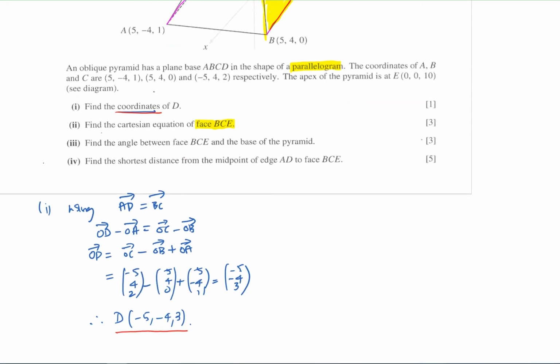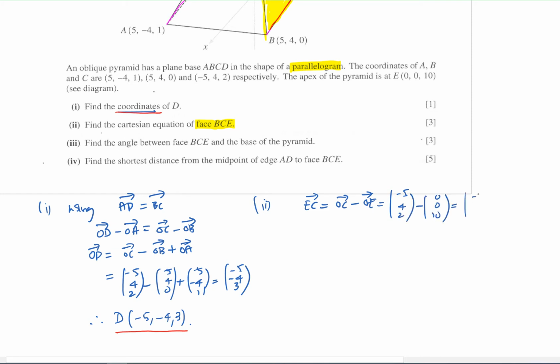I'm going to write it on the right here. I want to find the normal of that plane, so I will use EC and EB. My EC vector will become OC minus OE, which is (-5, 4, 2) minus (0, 0, 10).